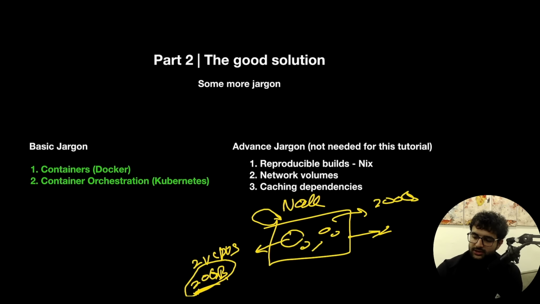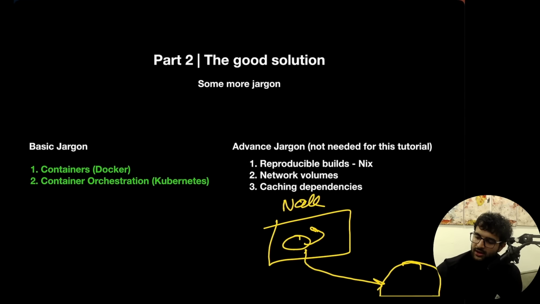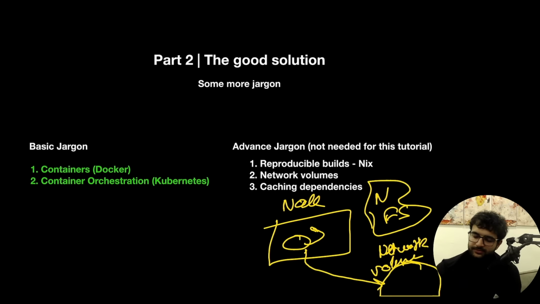A better approach here is something called networked volumes, which means the storage of a node doesn't exist, the storage of a pod doesn't exist here. It exists somewhere else in a very big store, which is called a network volume or network file system, NFS. And this way you can give a user much more space.